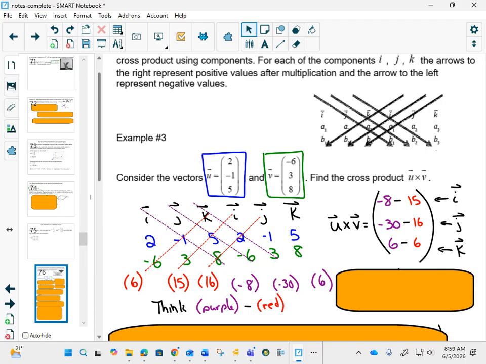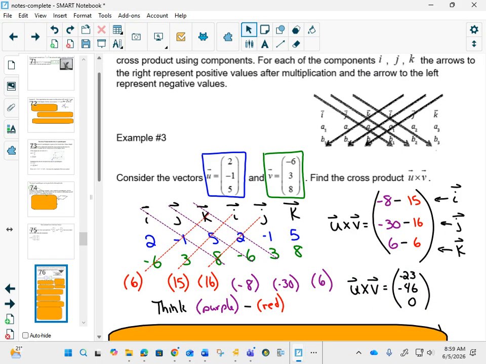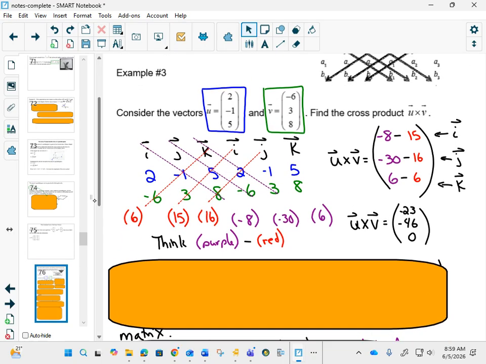And for your I coordinate, you go to your I coordinate, the purple was -8, the red was 15, -8 minus 15 is your I coordinate. Use your J arrows to find your J coordinate and your K arrows to find your K coordinate, and we get our cross product. And now our cross product is a vector.